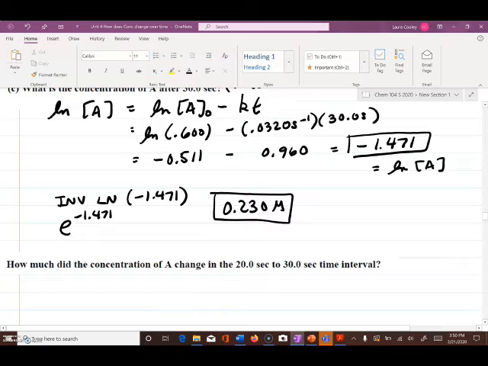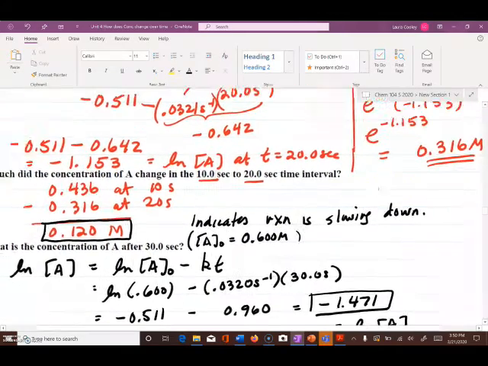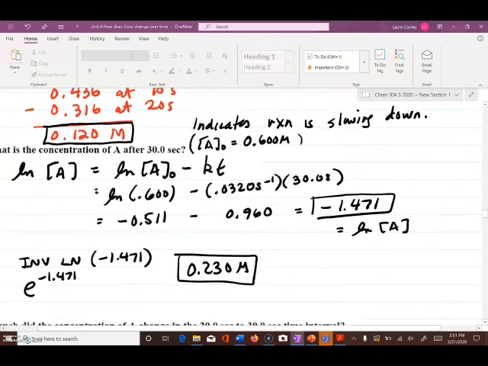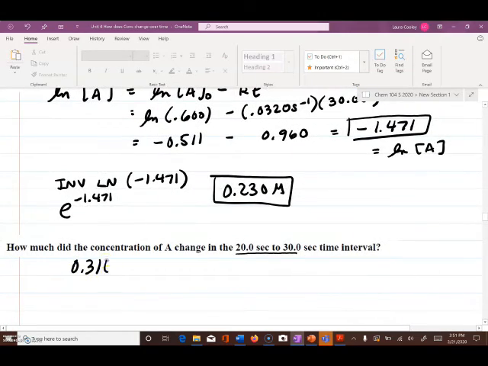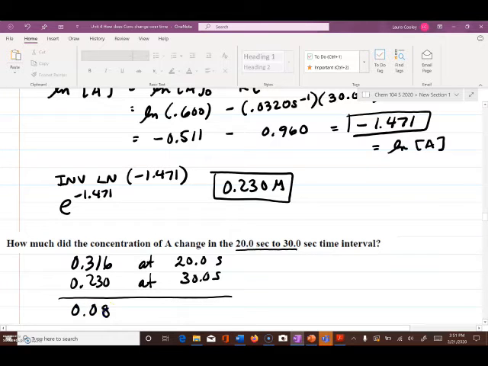So if we want to know how much the concentration of A changed between 20 and 30 seconds, it went from 0.316 molar at 20 seconds to 0.230 at 30 seconds. You take the difference, comes out to 0.086. So this is the change in concentration of A in the third 10-second range.